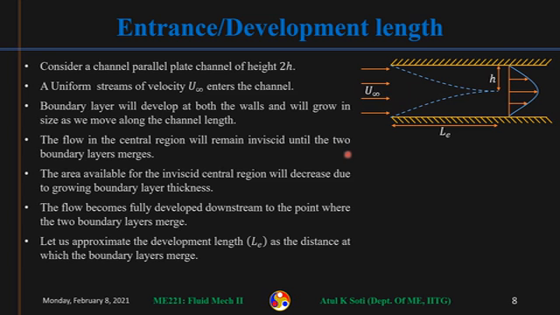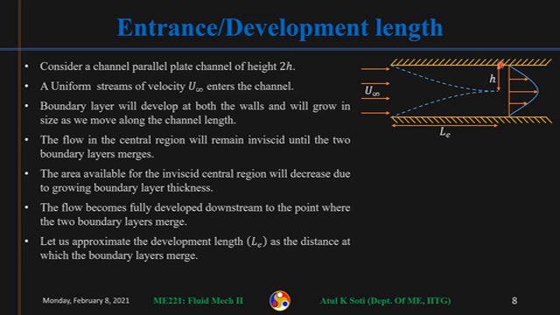Eventually, you will reach a point where both of these boundary layers merge, and once both boundary layers merge, there is no inviscid flow region left. So the boundary layer from here will merge with the boundary layer from here, and further downstream, those boundary layers will interact.